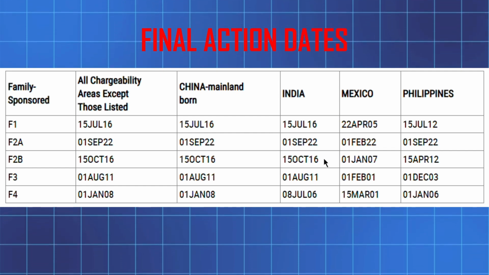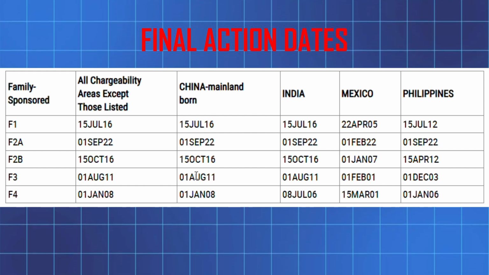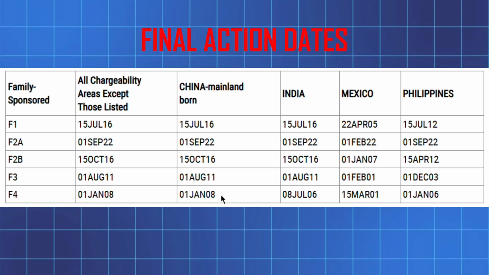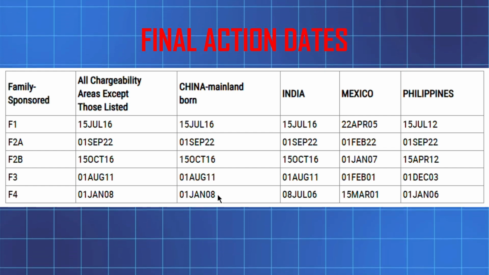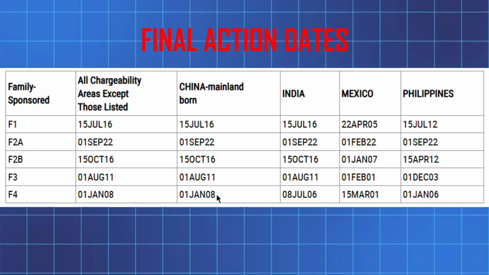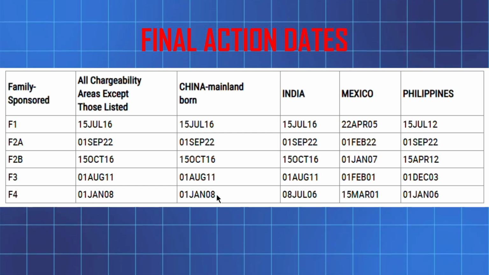Okay. So another example here, let's say you're in F4 category, and the cutoff date is January 1st, 2008, but your priority date is November 1st, 2007. It means that it's current.